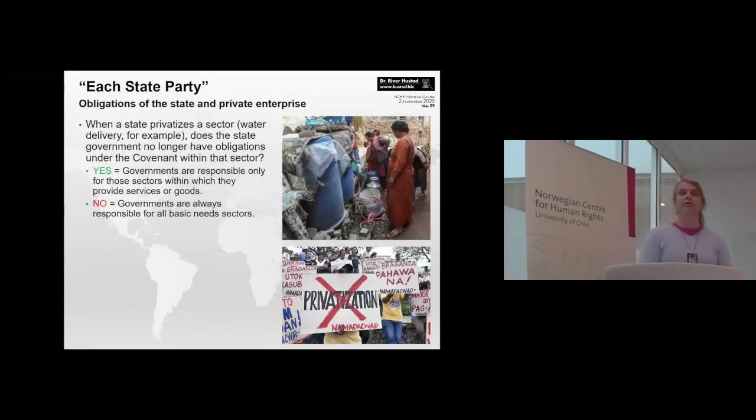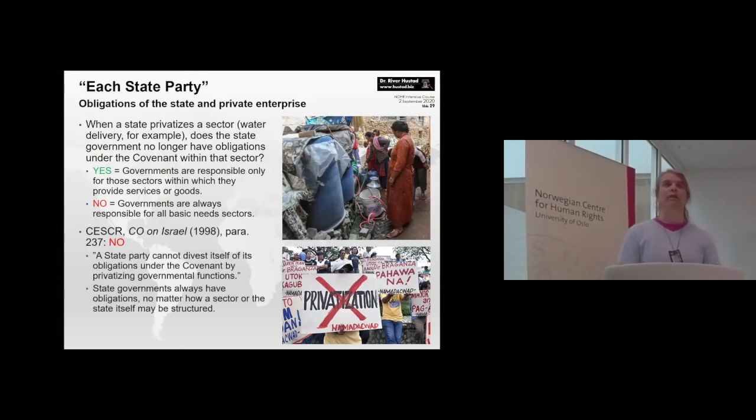But what if the government privatizes a sector like water delivery? Does that mean that the government is no longer responsible for the water delivery because the state is not involved? From the same concluding observation, the committee has said that no, a state cannot divest itself of its obligations under the covenant by privatizing government functions.